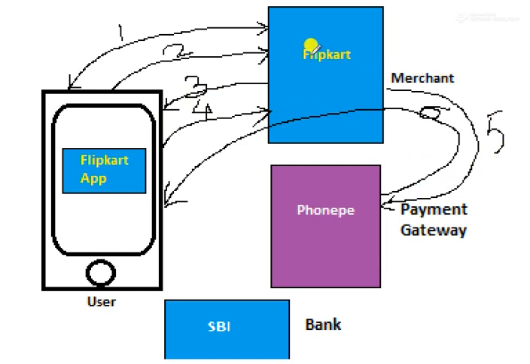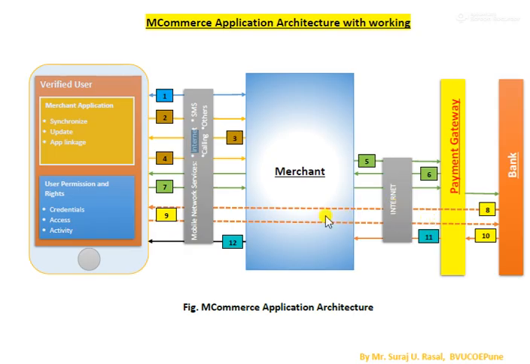After that, the merchant sends the financial request to the payment gateway. This fifth step is represented here in the diagram: the merchant sends the financial request to the payment gateway through the internet. It's not necessary that only the mobile network is available.